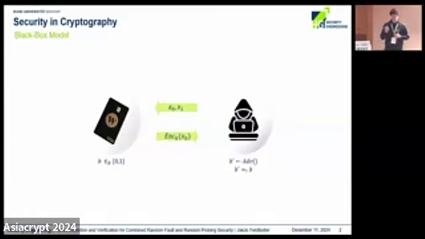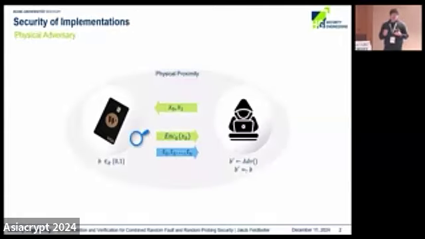encryption of the plaintext. However, in the last two talks, we have seen that this is not always the case if we look at real implementations of cryptographic algorithms. So in particular, if we have an adversary who has close proximity to the implementation of the algorithm, the adversary can observe the physical execution environment to perform some side channel analysis, which will leak additional information about the internal values of the encryption.